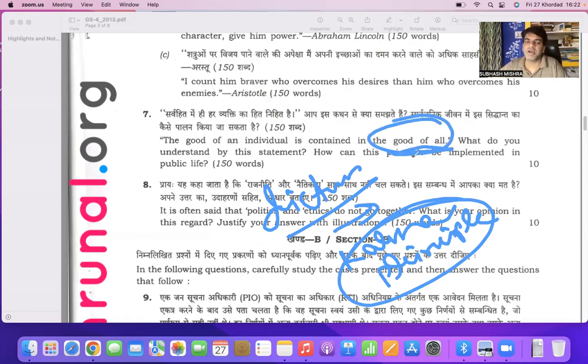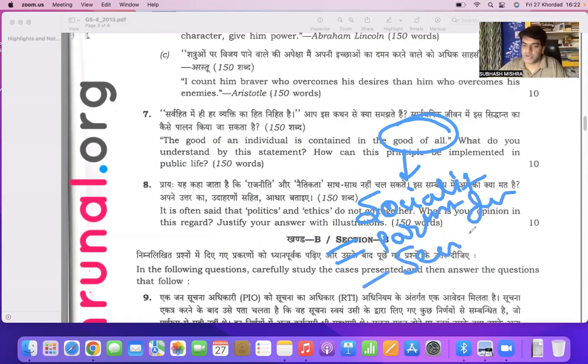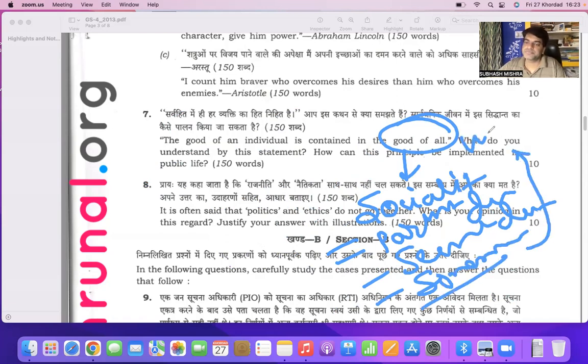How will the good of all happen and be implemented in public life? The good of all is actually contained in the constitutional principles: socialist, secular, sovereign, democratic. Sovereignty is what? We the people, not I the person.